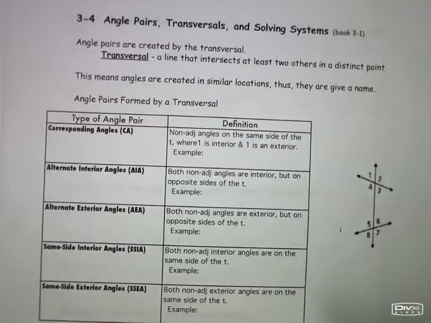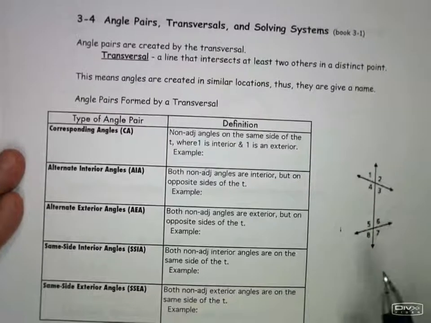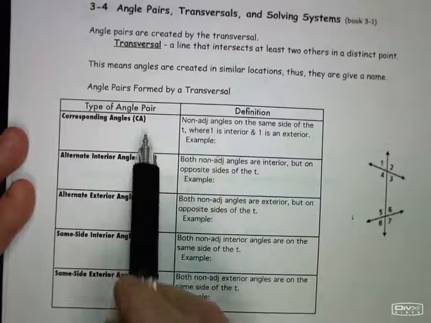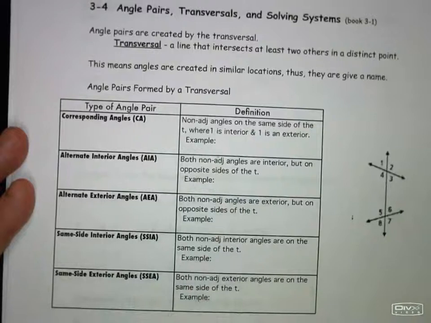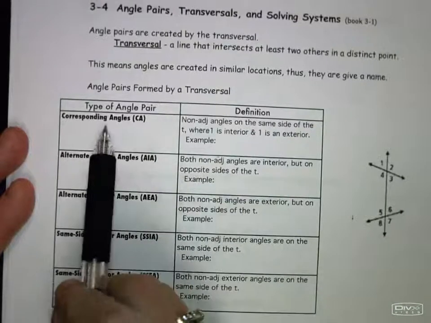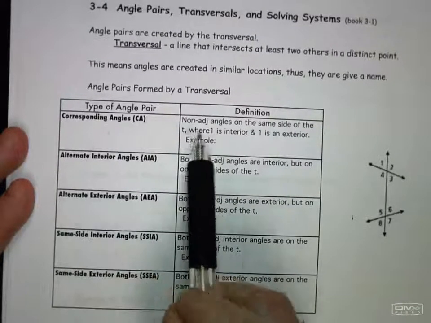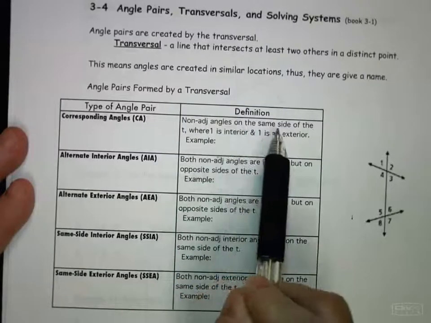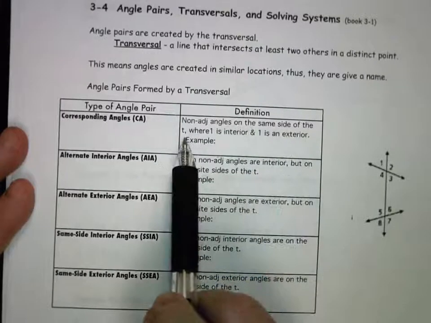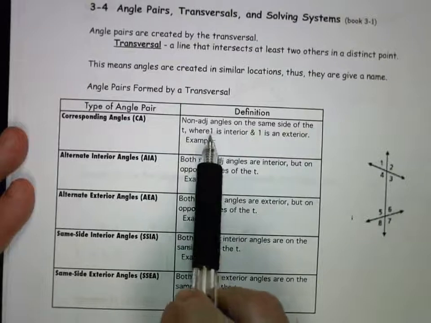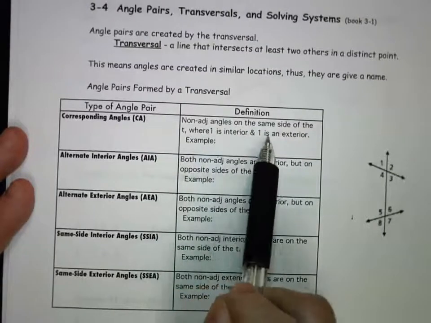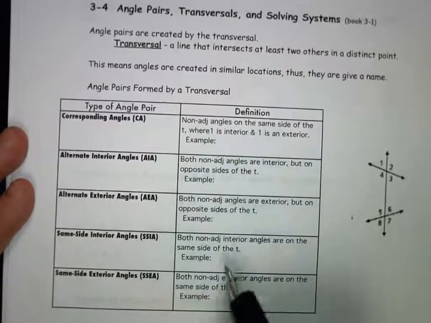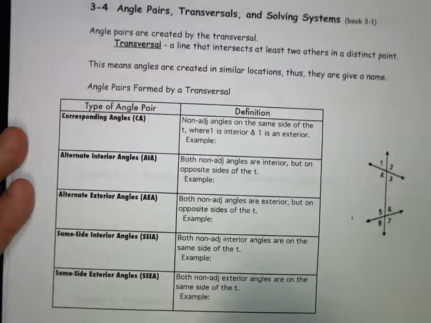And we have a bunch of angles that are formed, and they're given a name. So these are the 5 different types of angles we have. Corresponding angles are non-adjacent angles on the same side of the transversal, where one is interior and one is an exterior. Corresponding angles basically are in the same location.